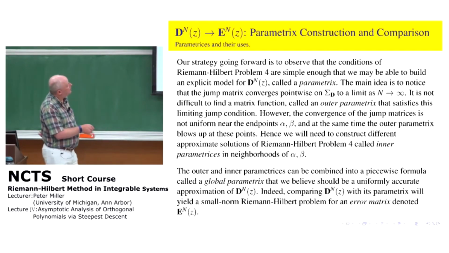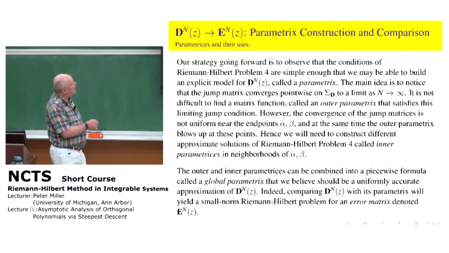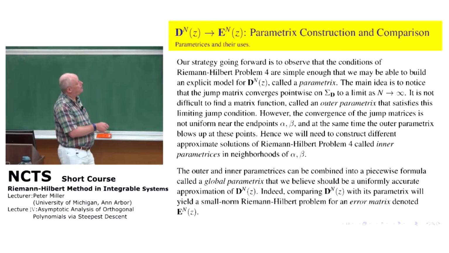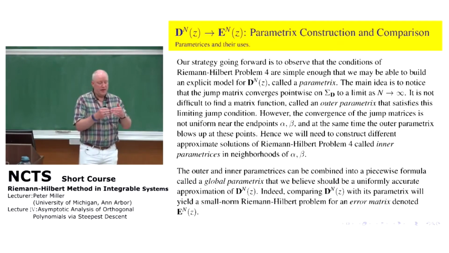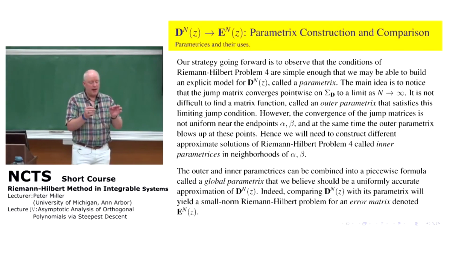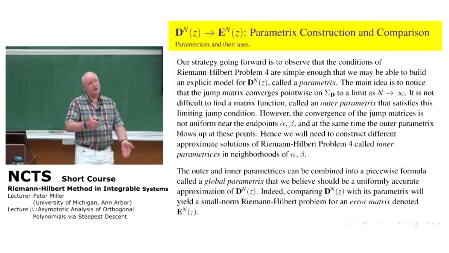And the thing is that the convergence of the jump matrices to their limits is not uniform close to the endpoints alpha and beta. We've used some inequalities that rely on x being away from these points alpha and beta. For instance, the inequality for being outside the support of the equilibrium measure requires that we stand some distance from the support of the equilibrium measure in order to obtain the exponential decay of the off-diagonal jump matrix entry.